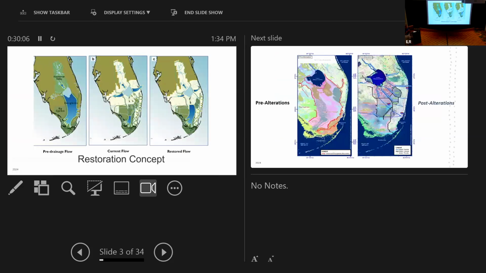So this is the restoration concept right here. You'll see that the pre-drainage flow was one where the water went down the center of the state to the southwest Florida coast and down into Florida Bay. Some of the water did go across transverse glades into the east coast.